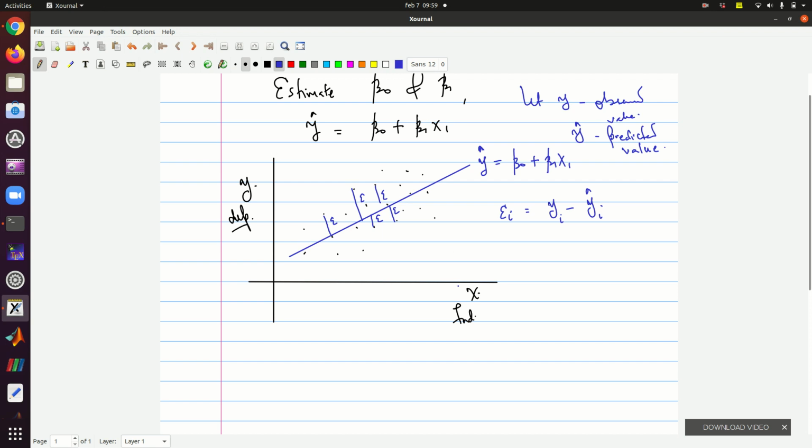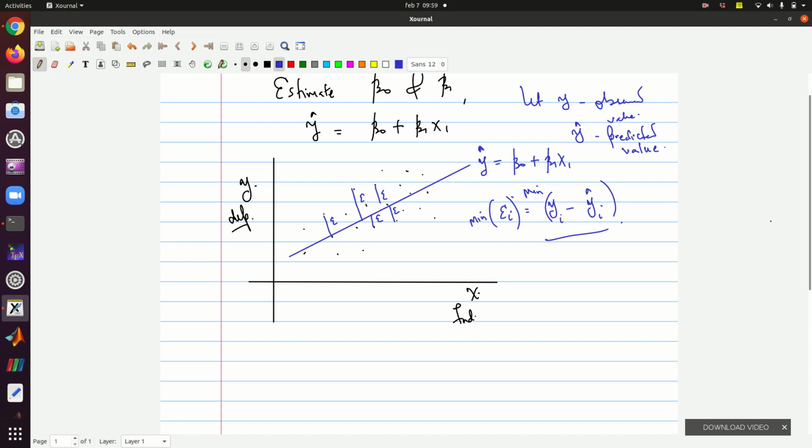So our epsilon, the error, is the difference between the observed and the predicted, any epsilon i. So our idea is that we would like to minimize these errors. To find the line of best fit, we want to make sure that we minimize this epsilon i. We shall essentially be minimizing the difference between the observed and the predicted.